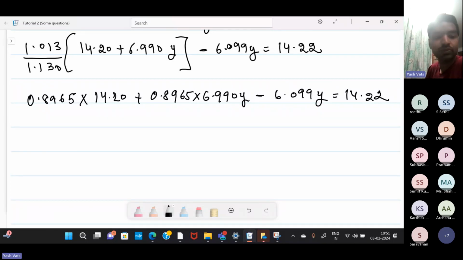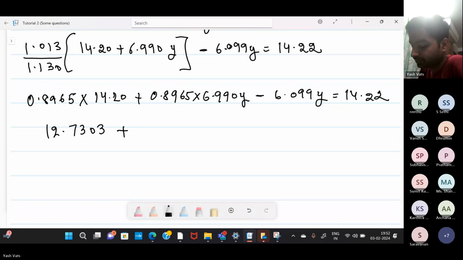20 into 0.8965 is 12.7303. Plus 0.8965 into 5 into 6.990 is 6.2665.